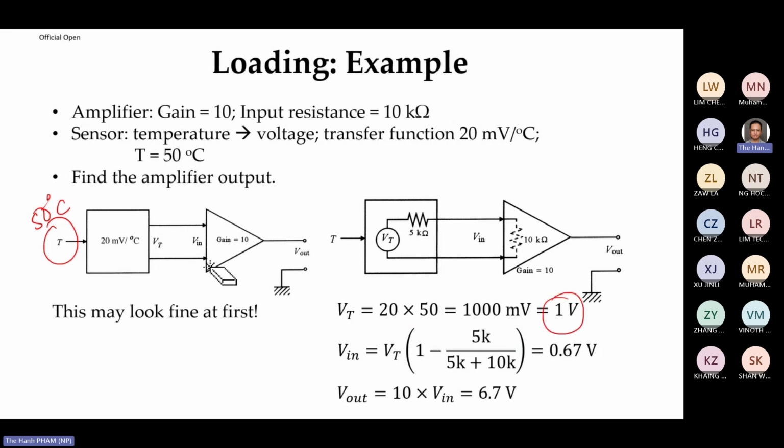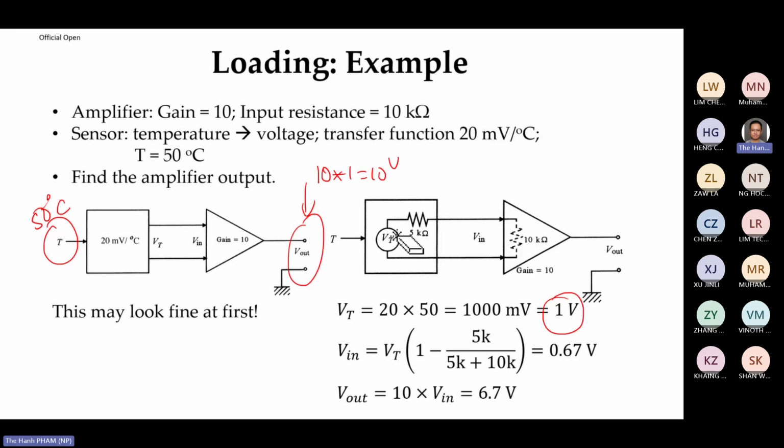And imagine you have an amplifier with a gain of 10. So you expect this VL should be 10 times 1, which is 10 volt. But the problem is more complicated, because if this amplifier has a low input impedance, suppose the input impedance of this guy is 10 kilo ohm.